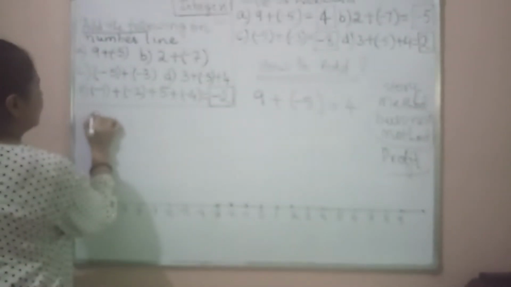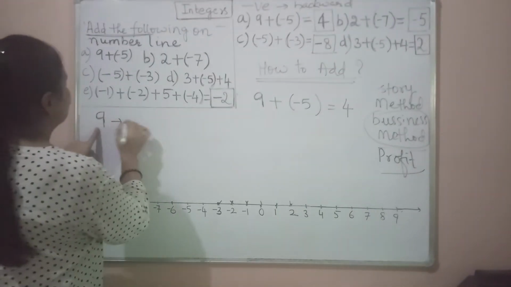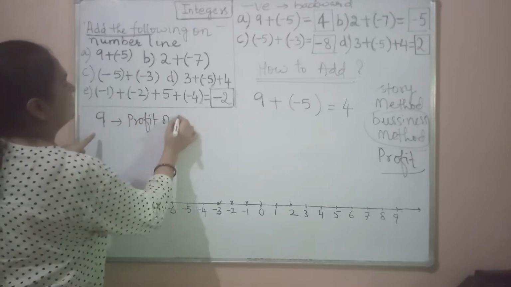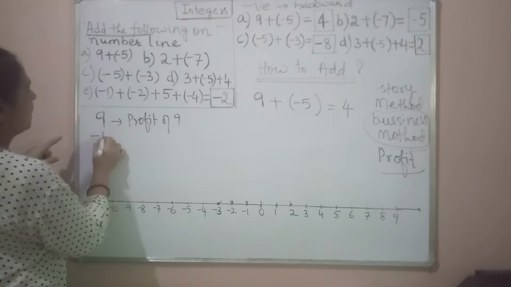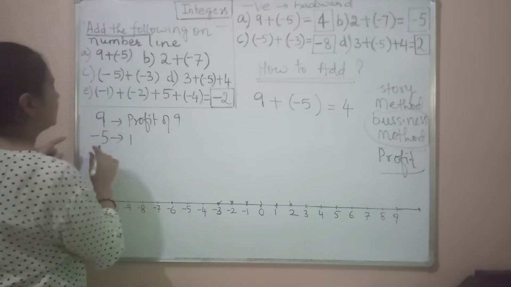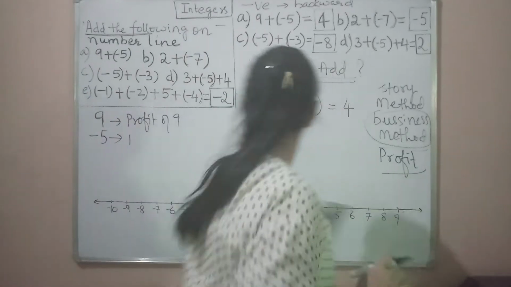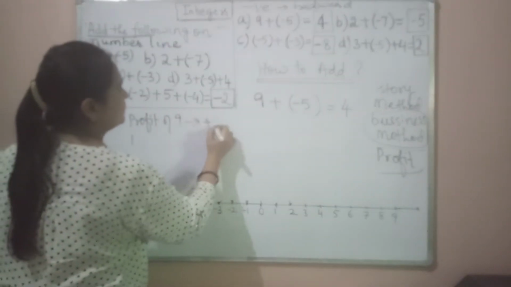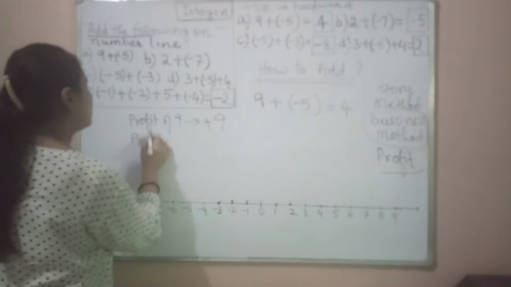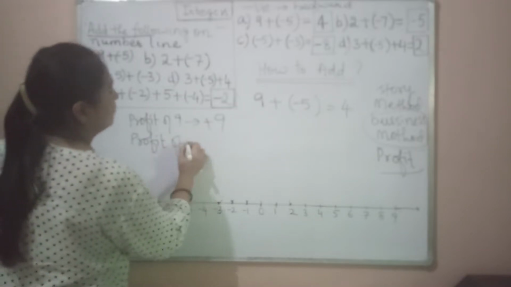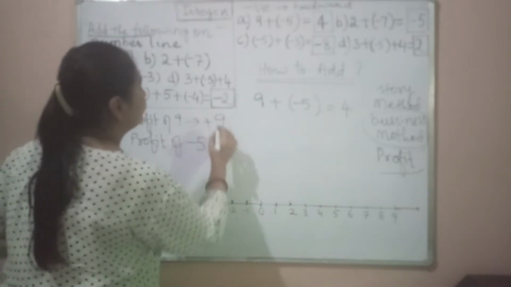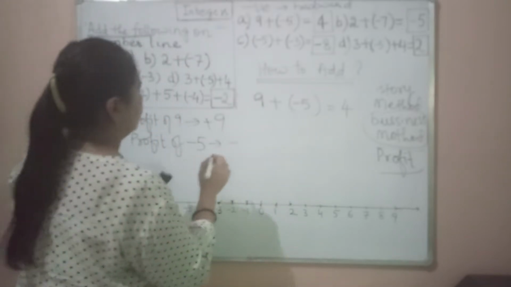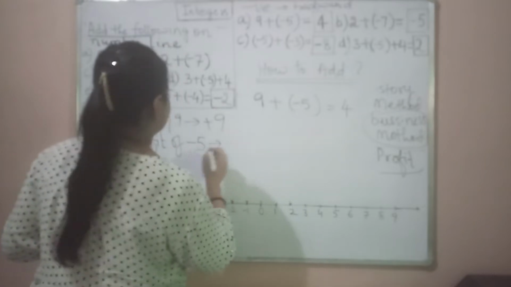If I say profit 9, it means profit of 9 rupees, and minus 5 means it is loss.